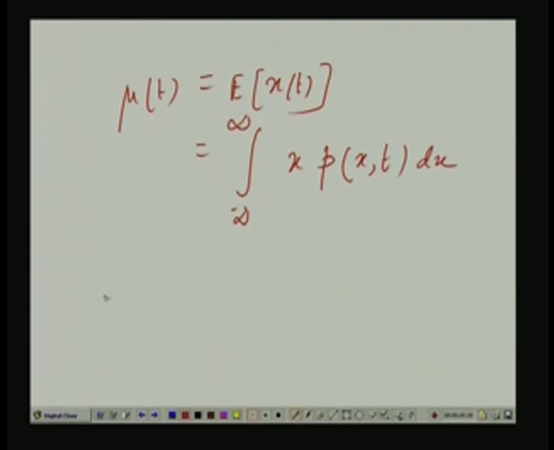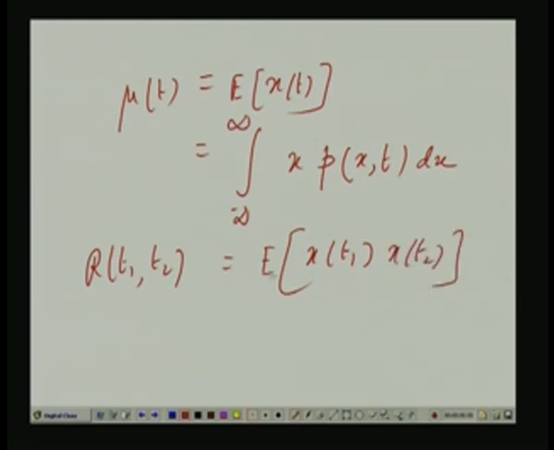Similarly, you can define the autocorrelation R of t1, t2. This is strictly for the real case. For the complex case, I have to bring some complex conjugation somewhere. That we will do a little later. It is nothing but, we have got two random variables x of t1, x of t2, it is just the expectation of the product.